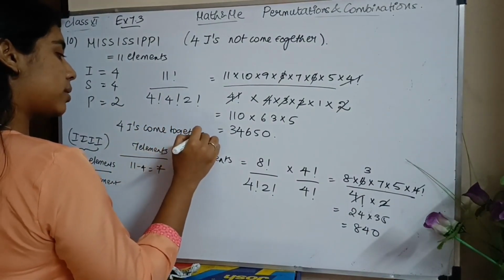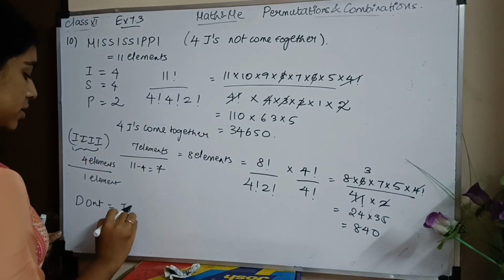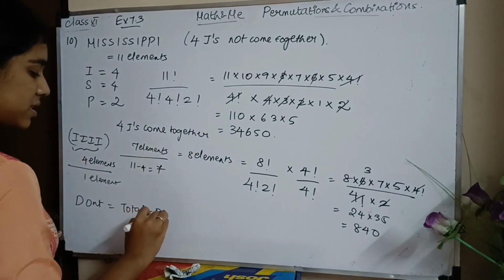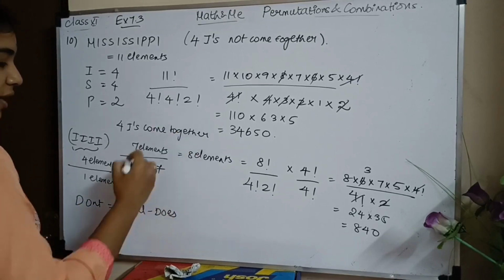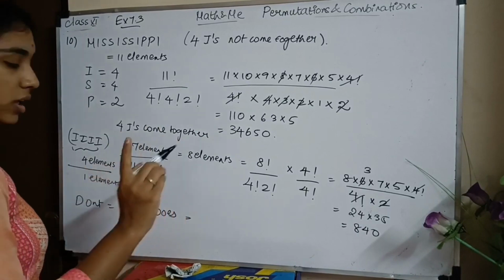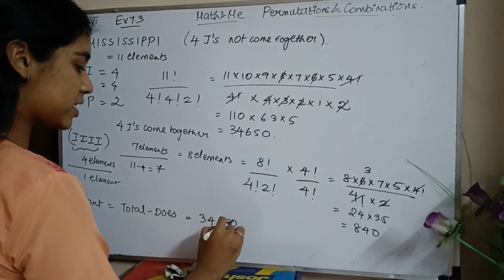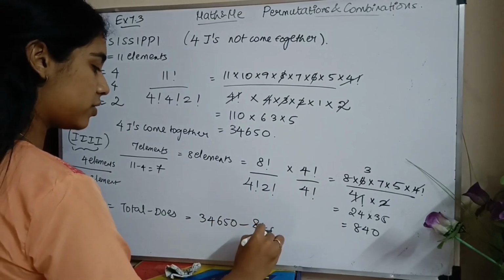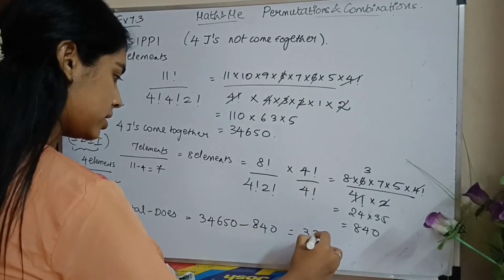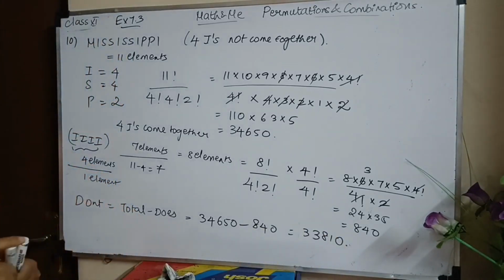So what if they don't come together? Don't equals total minus does. Total minus the 4 I's coming together will be the 4 I's not coming together. So what is my total? 34650 minus 840. So I have 33810.